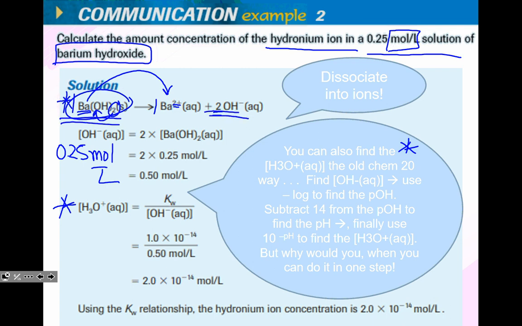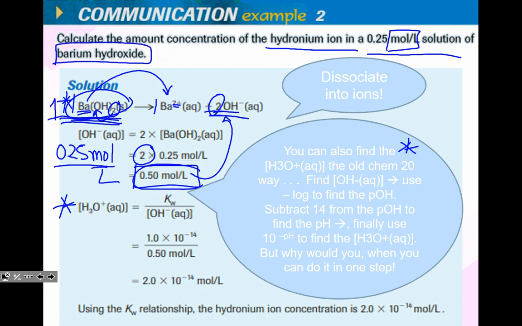So I have to take the 0.25 moles per liter and multiply it by 2. And you get 0.50 moles per liter of the hydroxide, right? Because it's twice as concentrated as the barium hydroxide solution, because it's a 1 to 2 ratio.